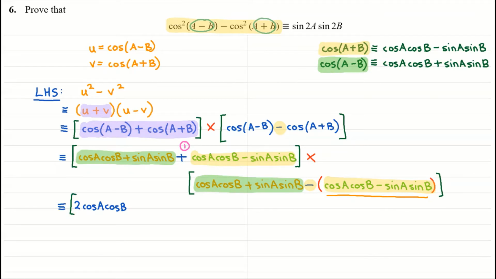But if you'll notice, for the next bit, we've got a plus sine A, sine B, and minus sine A, sine B. So they will just simply cancel. Okay, so there's no more of that. So that's the first bracket simplified, which is rather nice. So we've got 2 cos A cos B like that.